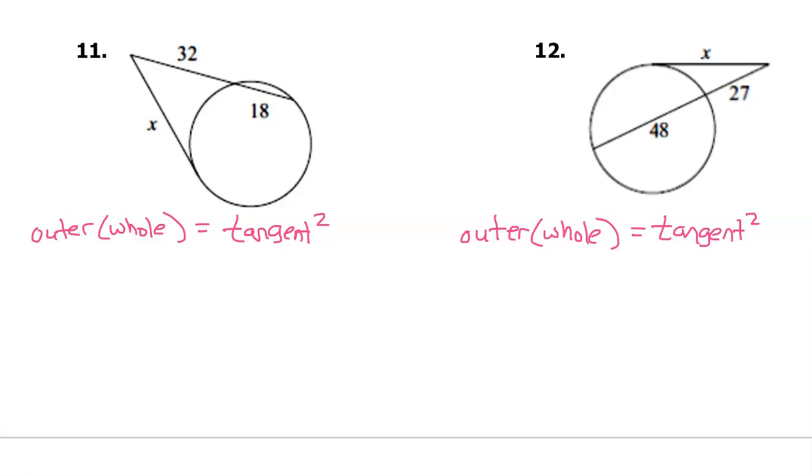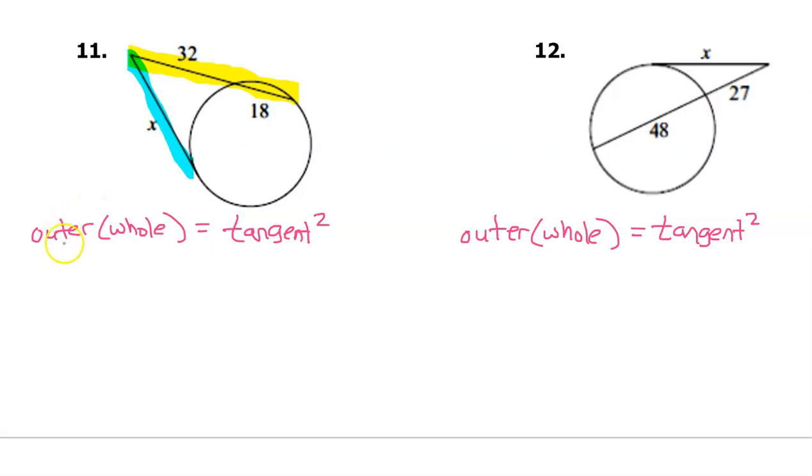Hey, I was wrong. I thought the last problem was the last problem, but there are two more problems. Both of these are still involving the special case of outer times whole is equal to tangent squared, because we have a secant line where we will do outer times whole, and then we have a tangent segment where we will do tangent squared.